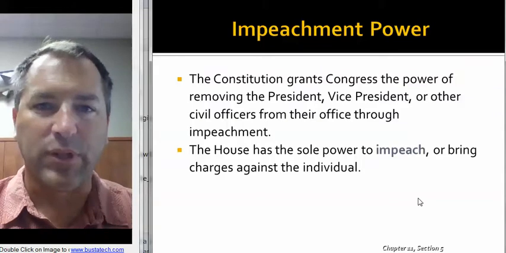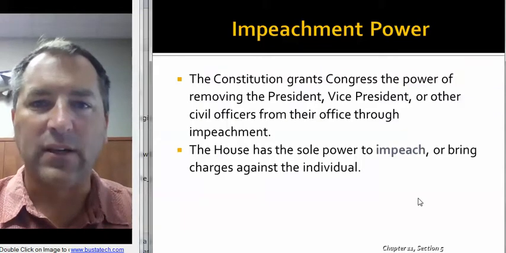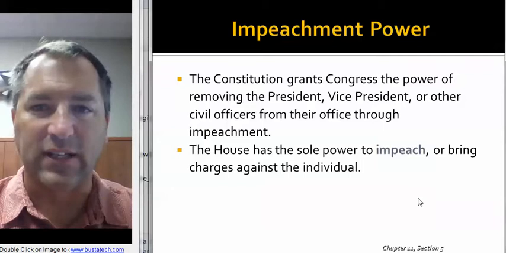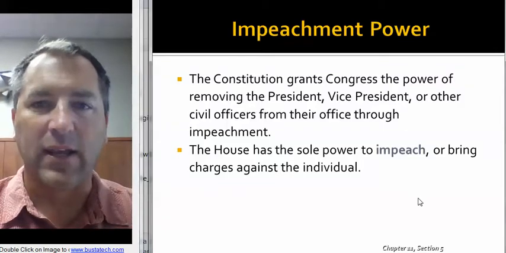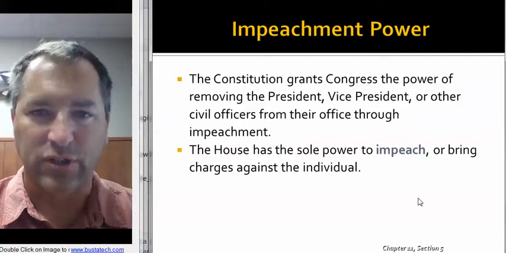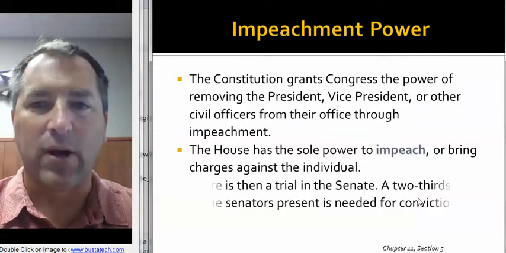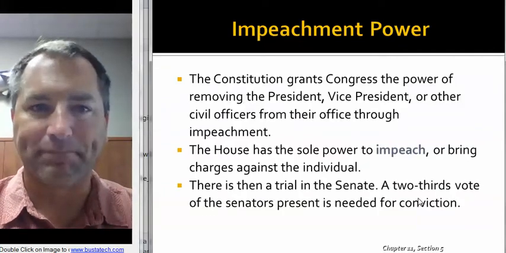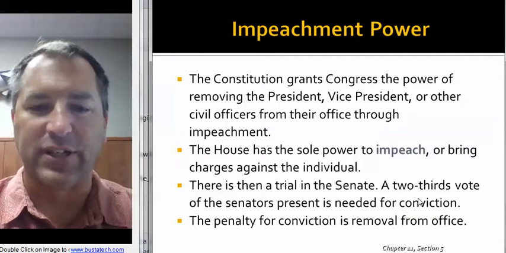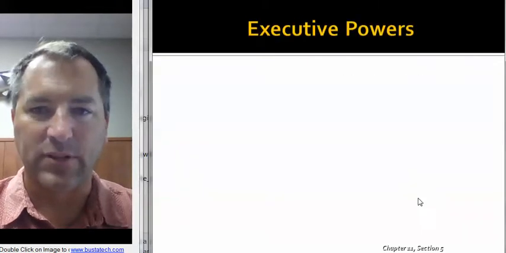But in both cases, the impeached president was tried secondly in the Senate, and by a narrow margin was not found guilty and therefore was allowed to finish his term. But the impeachment power is up to the House of Representatives, and if they're convicted in the Senate, then they're removed from office, as I mentioned.